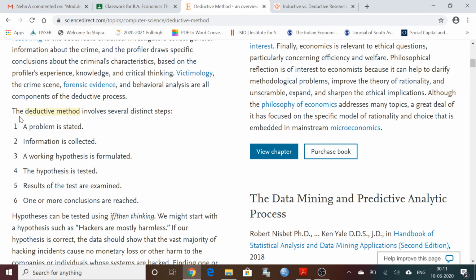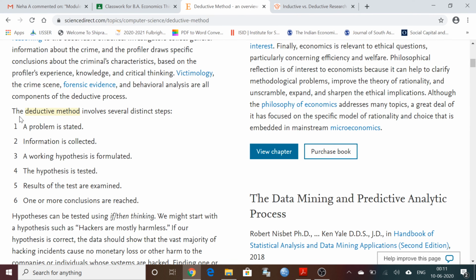A problem is stated, information is collected based on that, a working hypothesis is formulated, the hypothesis is tested, the results of the test are examined, and one or more conclusions are reached. So this is a deductive method, and we know this deductive method is general to individual, right? So here we have got a problem.